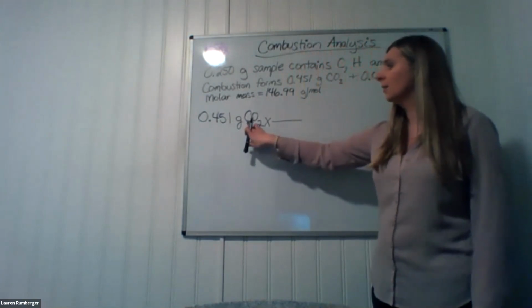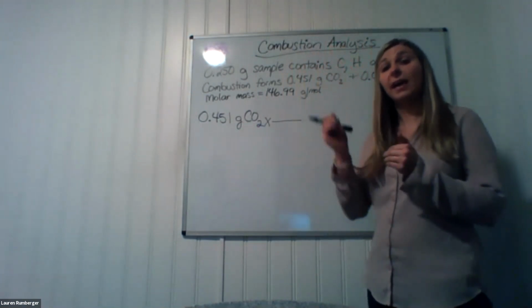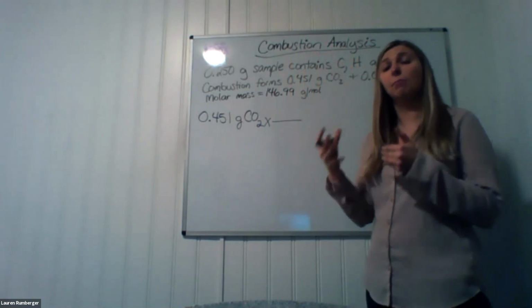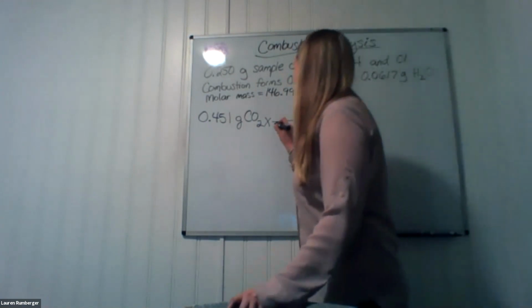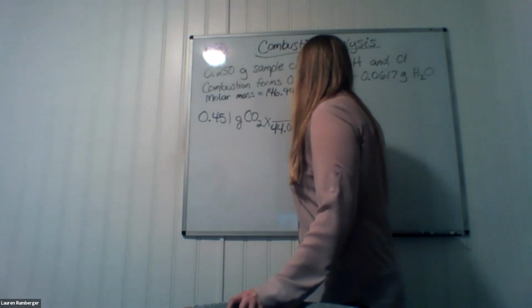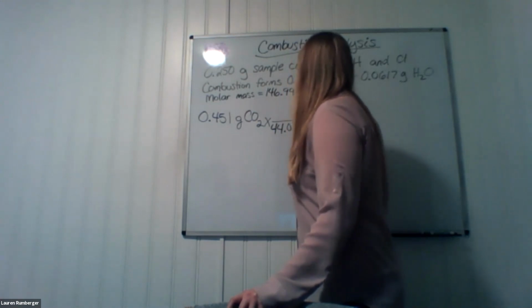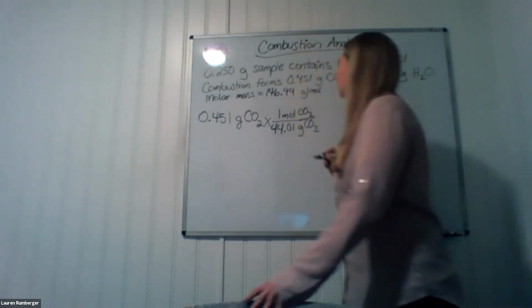When we add together 1 carbon and 2 oxygens, we add the masses together to get the molar mass to be 44.01 grams of carbon dioxide in 1 mole of carbon dioxide.